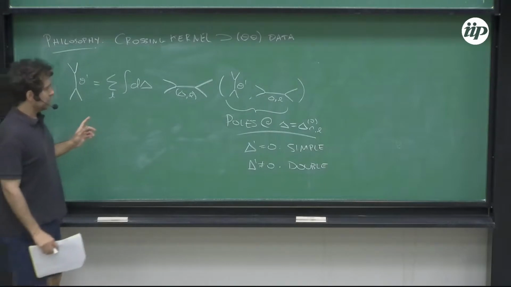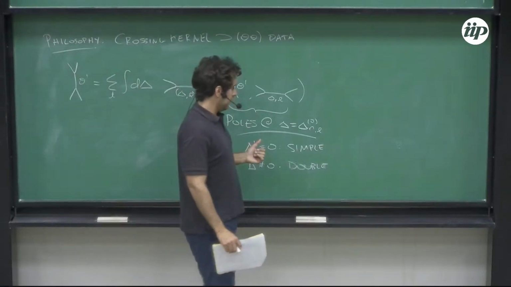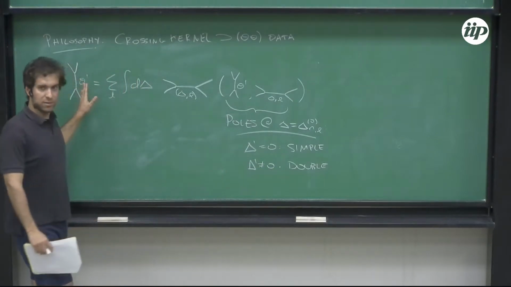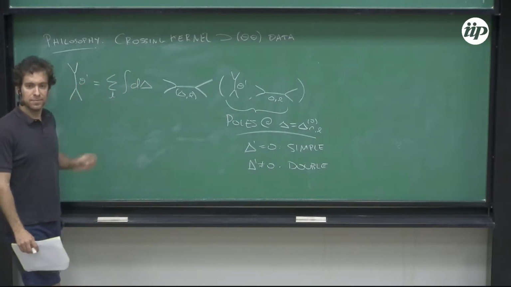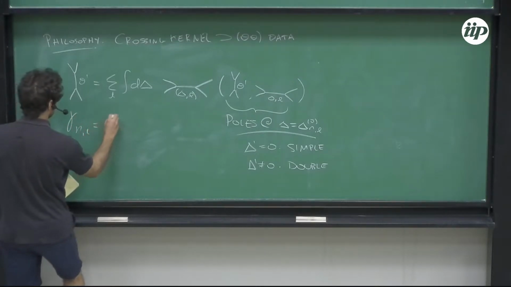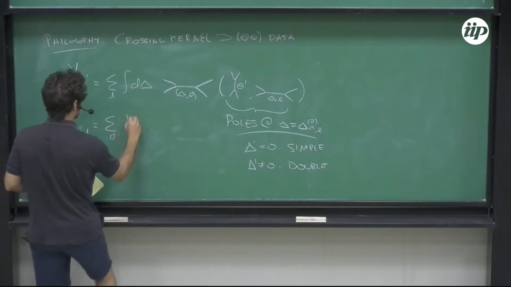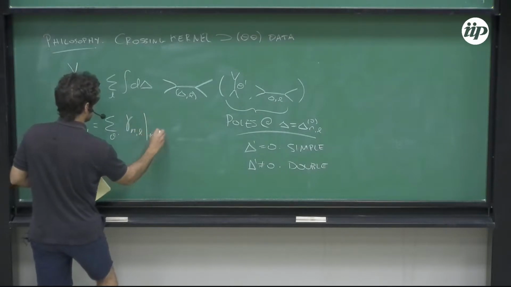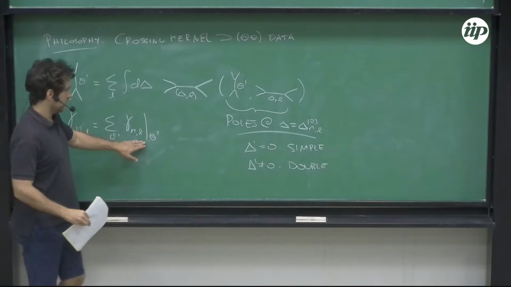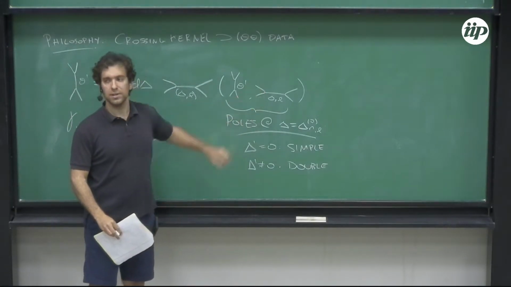And each such contribution is encoded as a double pole of this crossing kernel, given some T-channel twist of O prime. So in other words, gamma NL is like a sum over O prime of gamma NL due to T-channel exchange of O prime. And this thing is what's encoded in the poles and residues of this object.